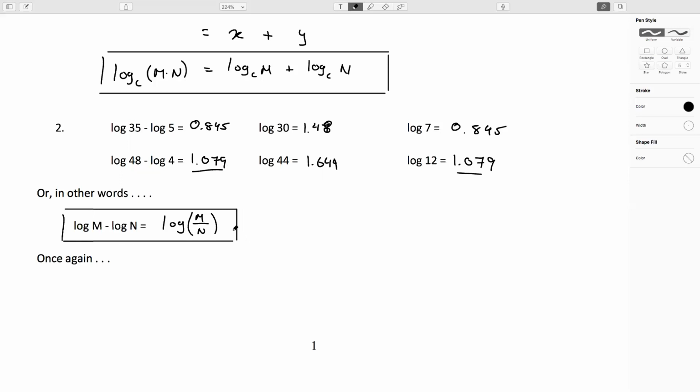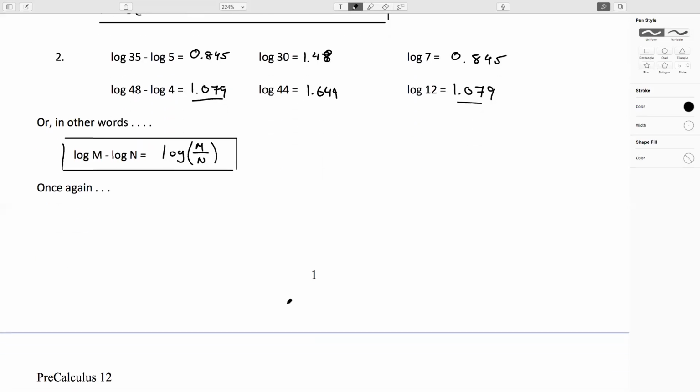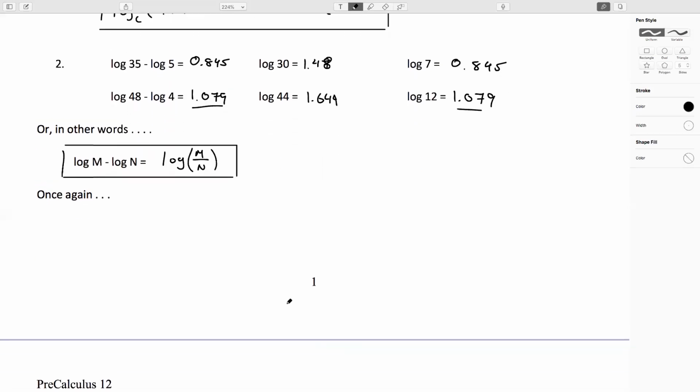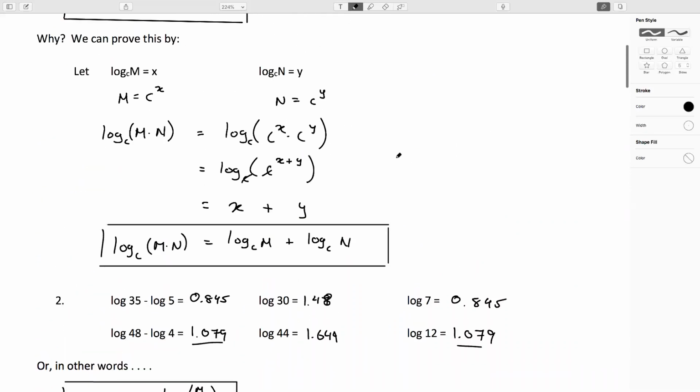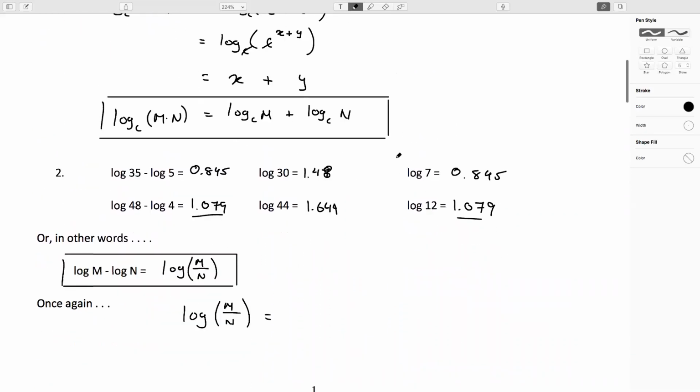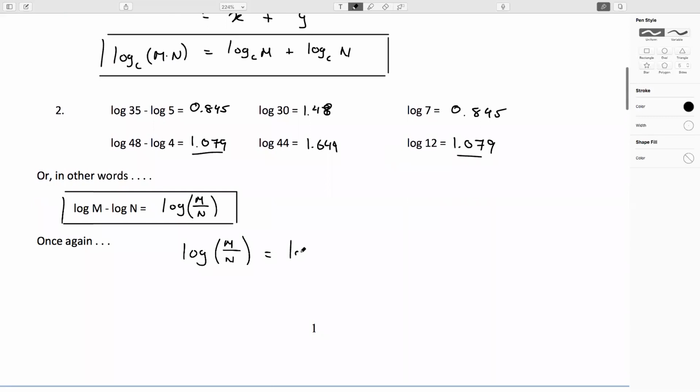Once again, we can prove this fairly quickly. So we'll use the same rules as before. So log of m over n. If we replace m and n with c to the x and c to the y, m becomes c to the power x, and n becomes c to the y.